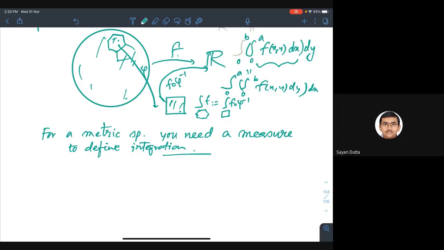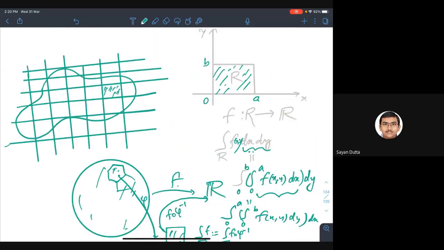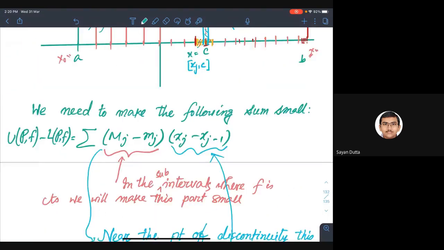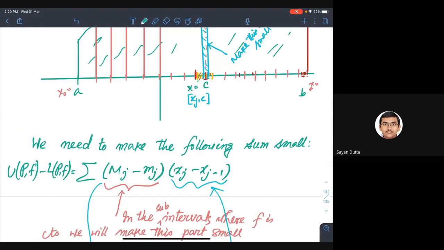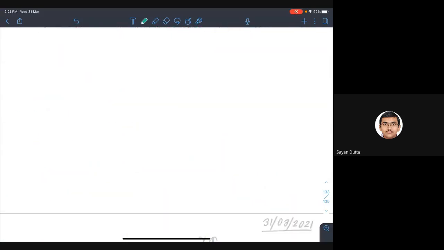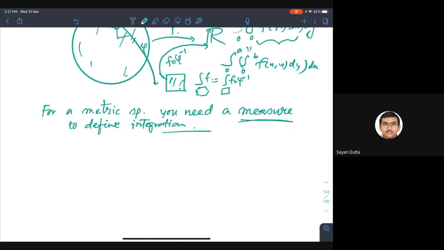Okay. So this is the concept you need, which is measure. In our case, the measure is length. So this actually gives a measure, which is length in our case. All right. Any other question?